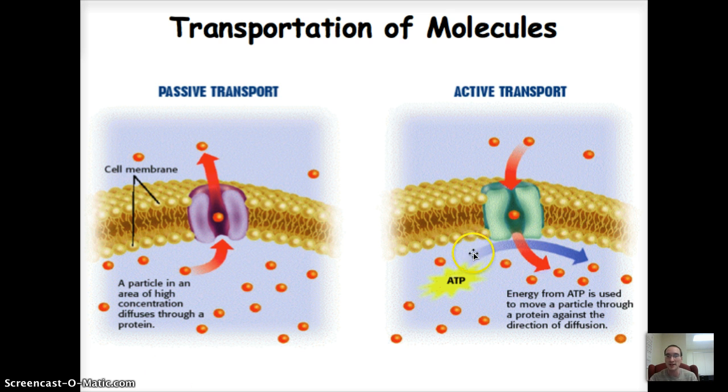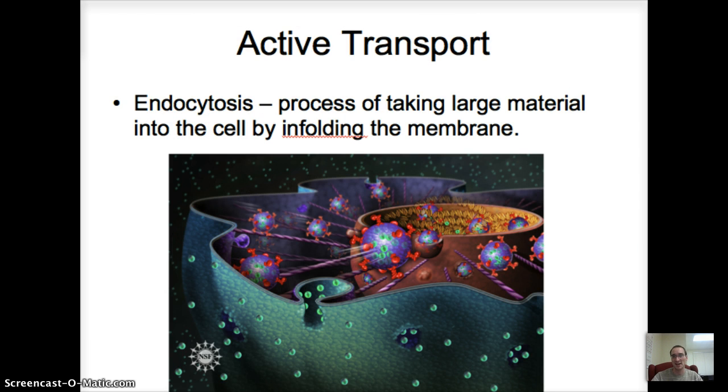So it can happen like this. Active transport can also happen, and this is kind of cool. It's called endocytosis, and with this, it's a process of taking large material into the cell by the infolding of the membrane. So if you look at this picture, there's this little spot right here where we have an infolding of all of these different molecules.